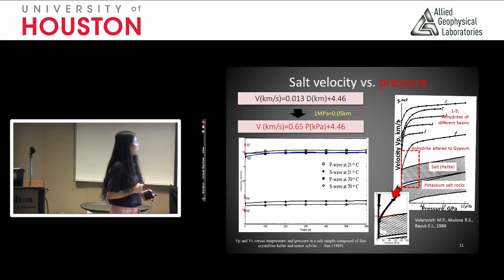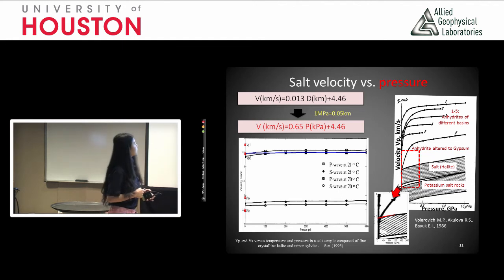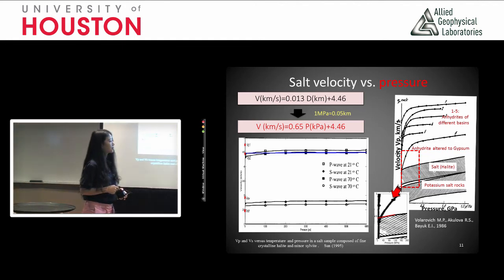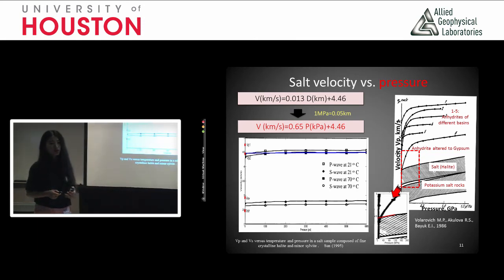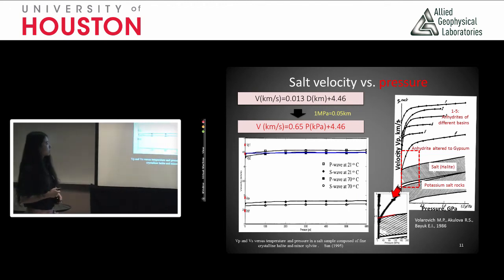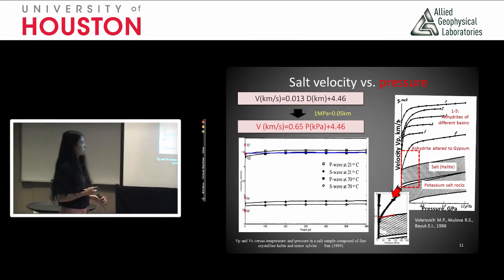Our prediction is the blue line here. It fits well with their measurement of the P wave at 70 degrees. Because most of our data are centered at 3 to 4 kilometers depth, which converts to a temperature of almost 100 degrees, that is reliable for their 70 degree measurement.